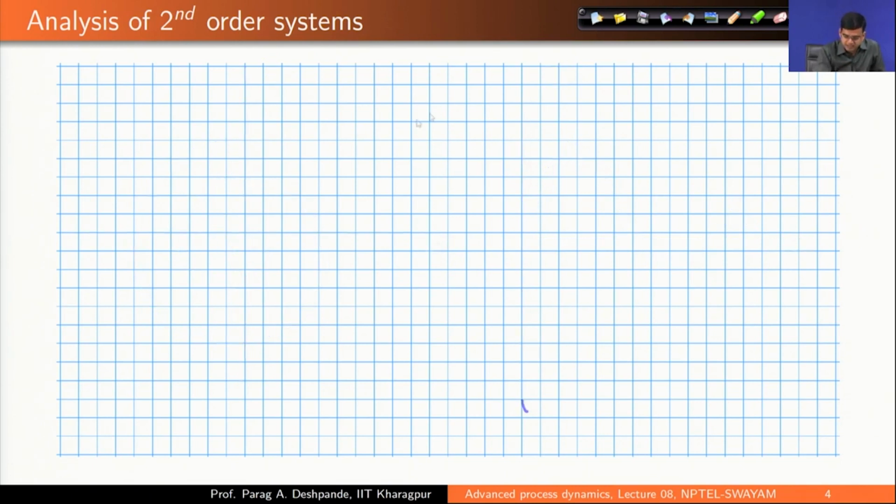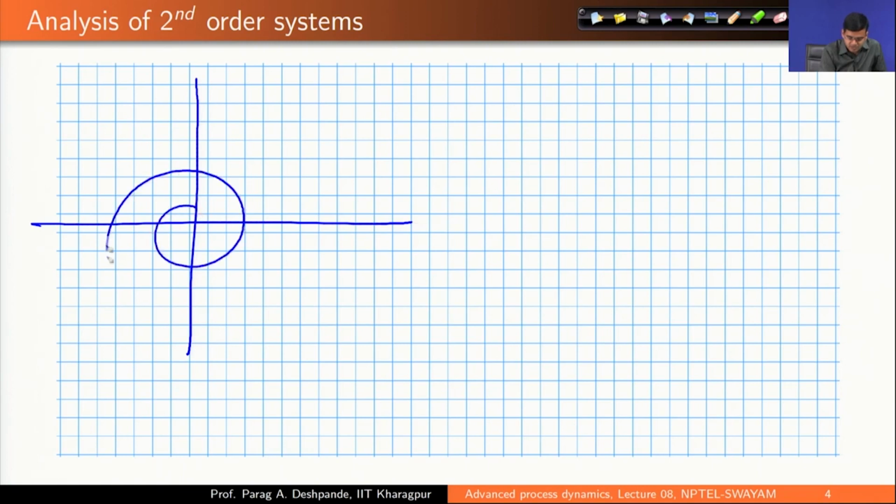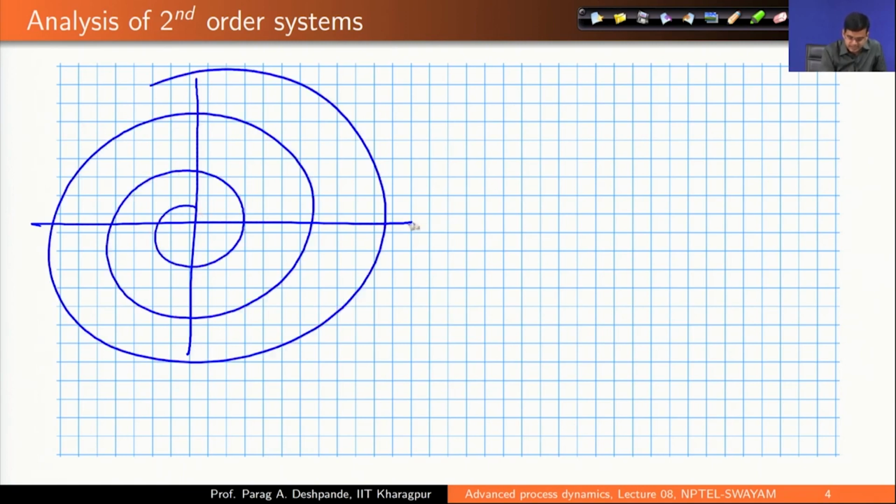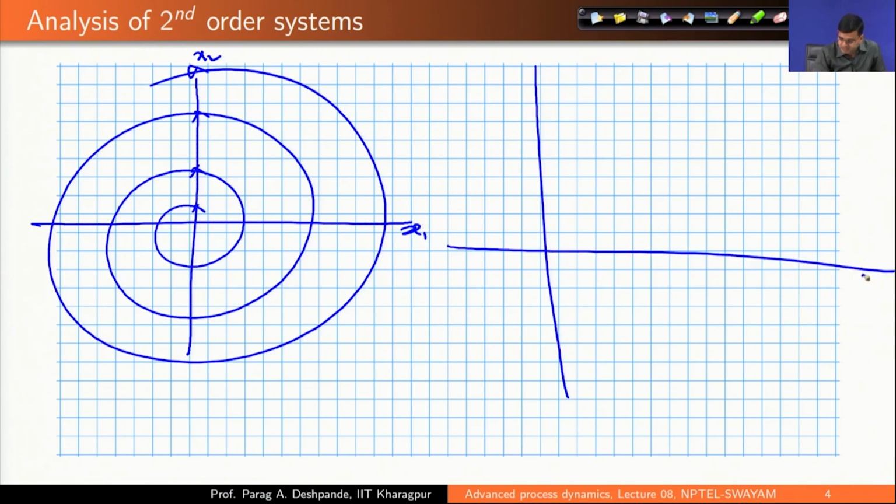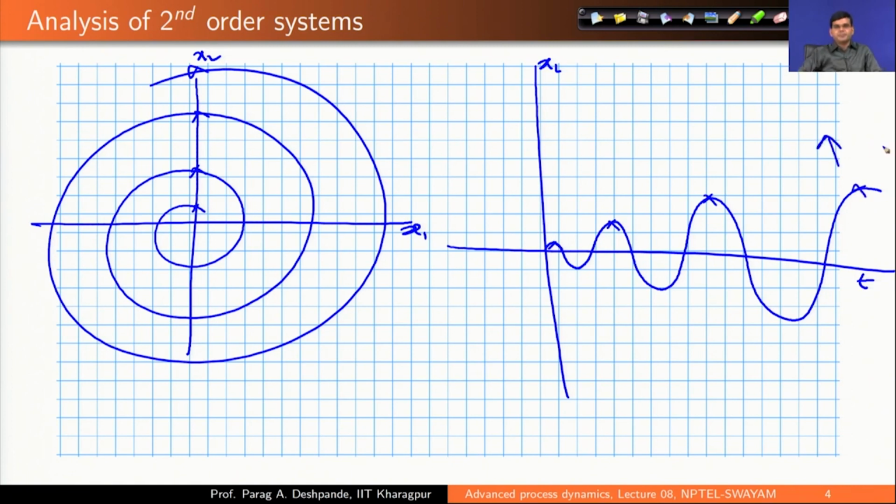Conversely, for the spiral source, at any given time the amplitude is increasing. So, you may have a system whose amplitude is actually increasing with time.